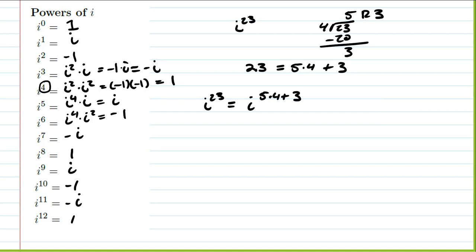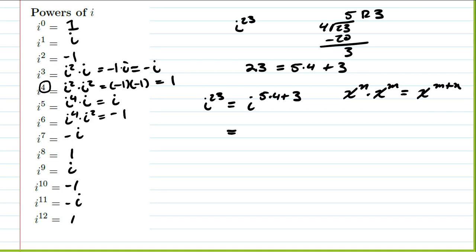And if we use our exponent law, x to the n times x to the m, if we multiply 2 things together that have the same base, we add their exponents. So this is x to the m plus n. Well, I can use that rule backwards.